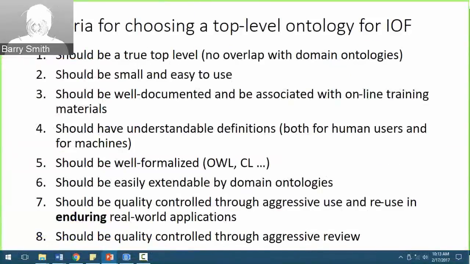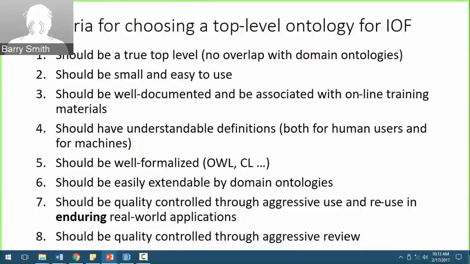So these are criteria which I think we should bear in mind when we think about what should serve as the hub. The first criterion says that the hub should not have any domain content. The reason being that if the hub has domain content, then that will conflict with the control of the corresponding domain ontology by the domain experts.